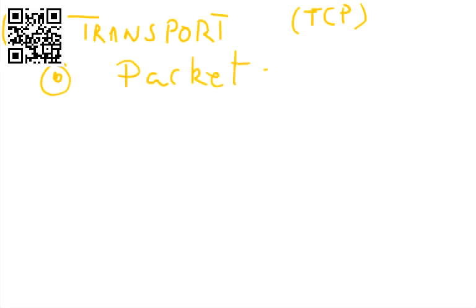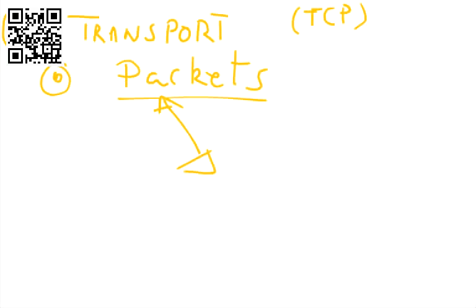Data is converted into packets on the transport layer, and then those packets are reliably sent to the remote computer, and it is the responsibility of the transport layer to do it. In addition, it also corrects the sequence of the packets, and it is the responsibility of the transport layer to send the packets without errors.